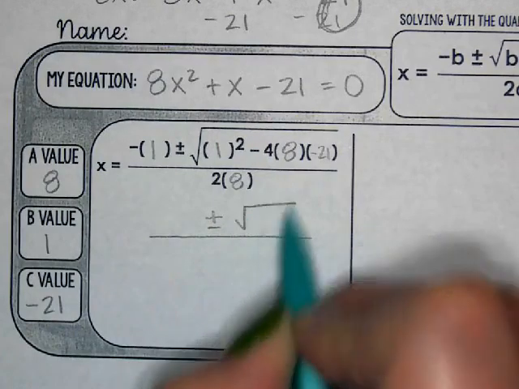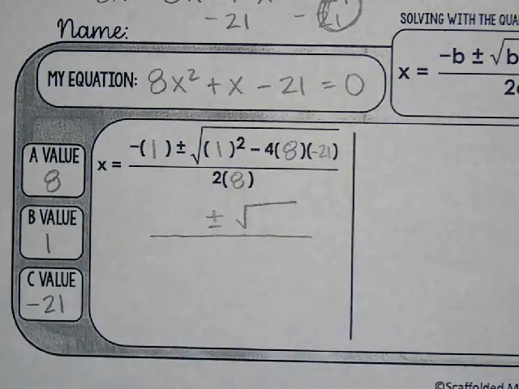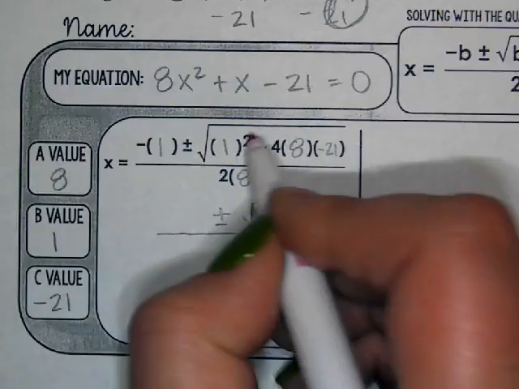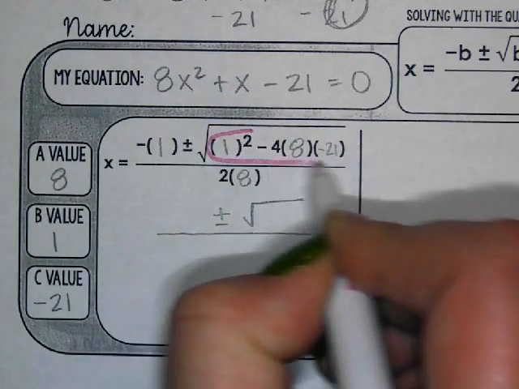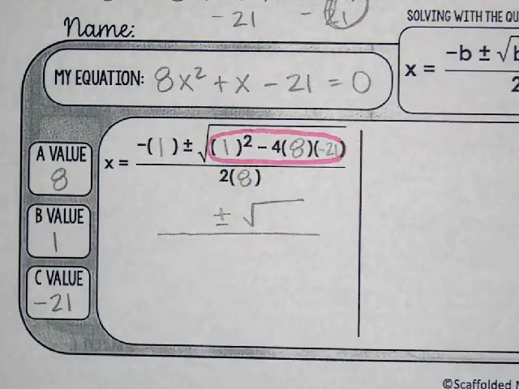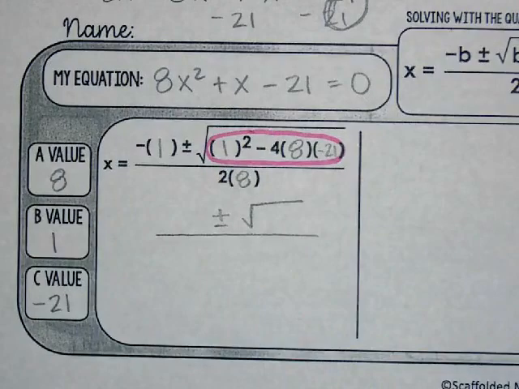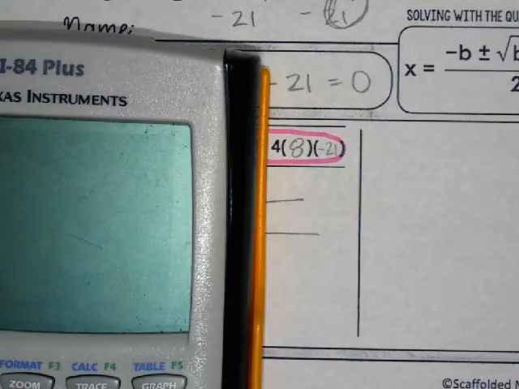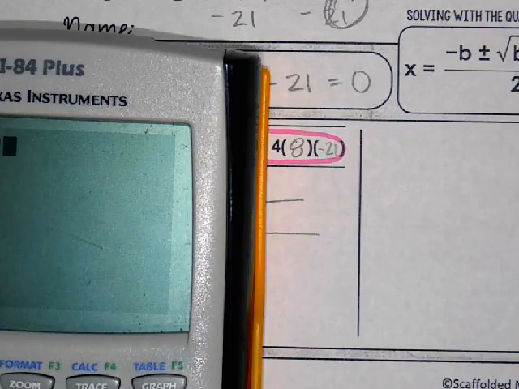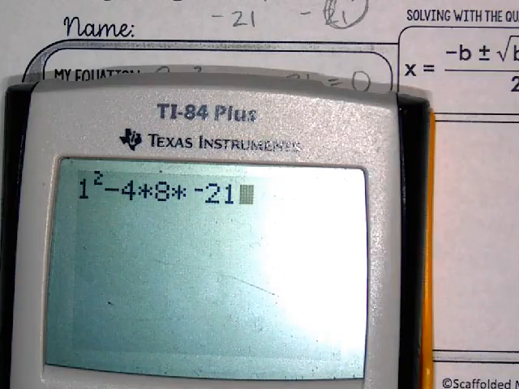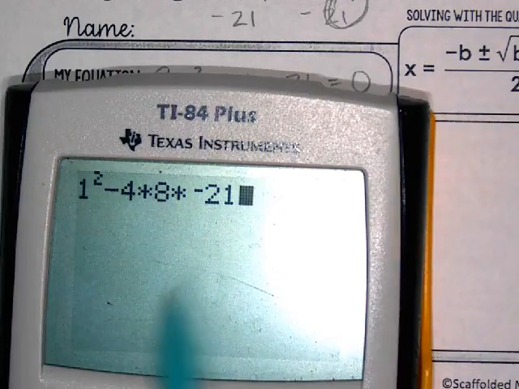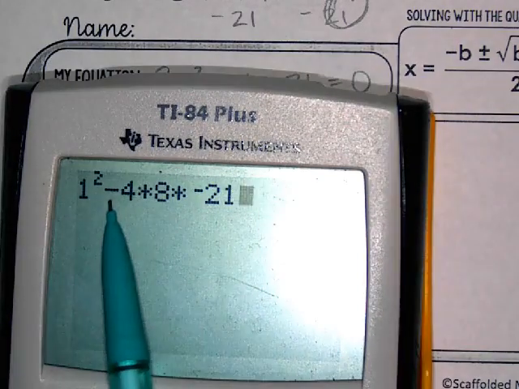All right, so let's figure out what the discriminant is. So we've got 1 squared minus 4 times 8 times negative 21. So you can see on the calculator, there's my minus, there's my negative. You can see the difference in the length, minus, negative.